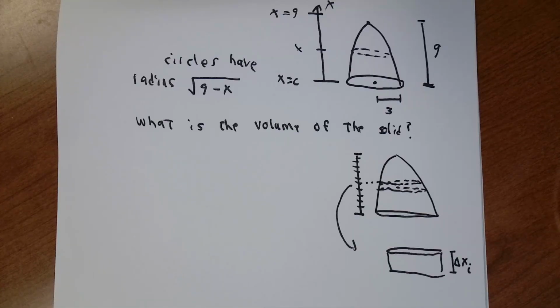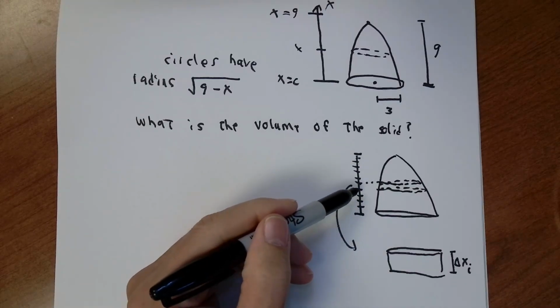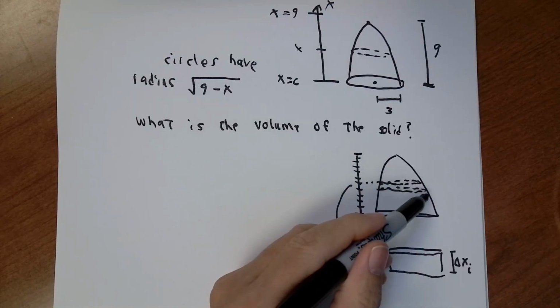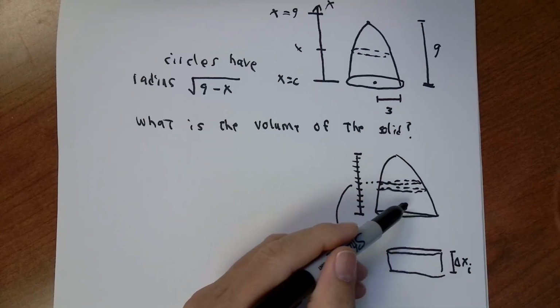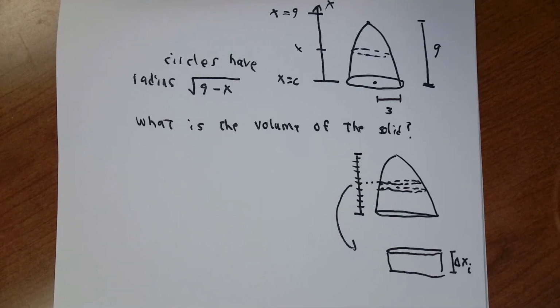I'm going to take the range of variable values, x, which goes from 0 to 9, and split it up into a whole bunch of smaller pieces. I'm going to select one of these pieces and think about the region of the solid that corresponds to that piece. I'll enlarge it here.